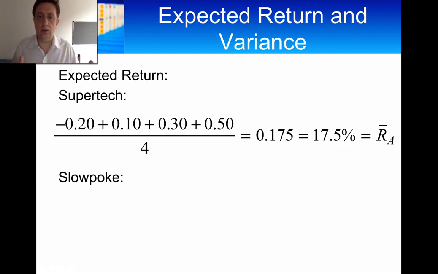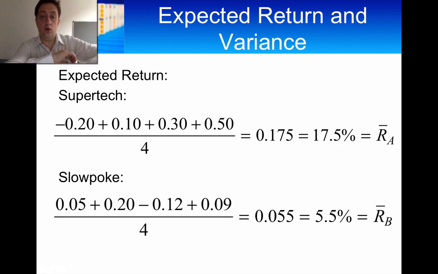That's the only way that you deviate. But in here, we've got equal probabilities of each state, and so it's just the average. And the average is 0.175, which is equal to 17.5%. So that's the expected return for an investor looking forward in Supertech.